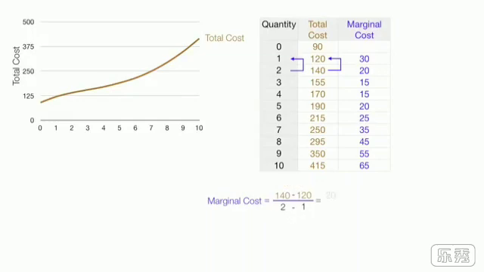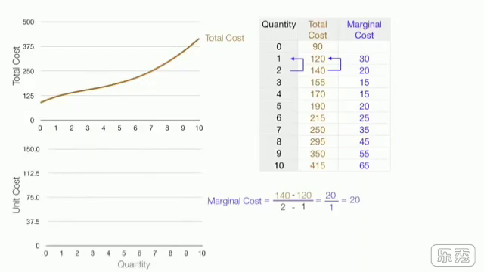This is equal to 20 divided by 1, which is equal to 20, and this is my marginal cost. I'll just put in the curve there. So I'm going from 1 to 2, so my marginal cost there is 20 at that point right there.